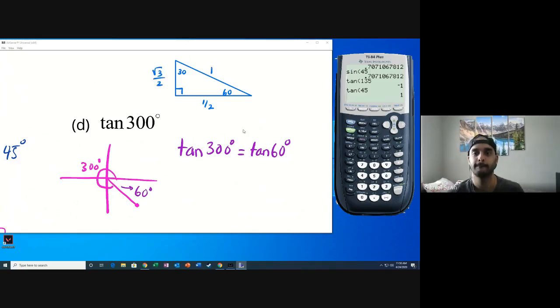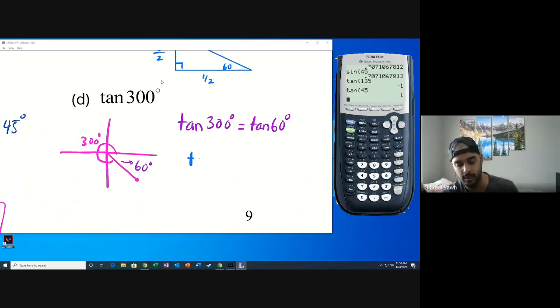And there's my 1. So I know I'm looking for 60. 60 is here. Opposite divided by adjacent. So I need to do root 3 over 2 divided by 1/2. That's the same thing as multiplying by 2. So root 3 over 2 times 2 will just leave me with root 3. So now I know that tangent 60 is equal to root 3.